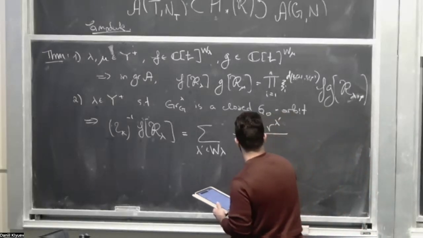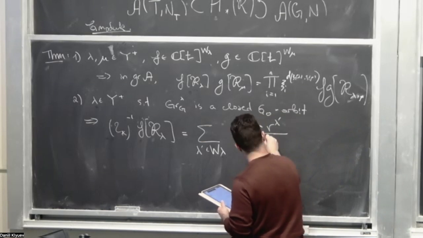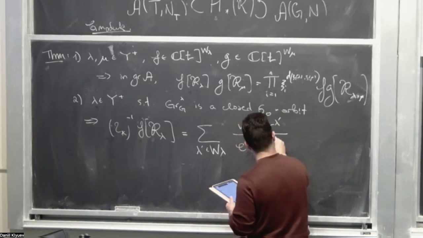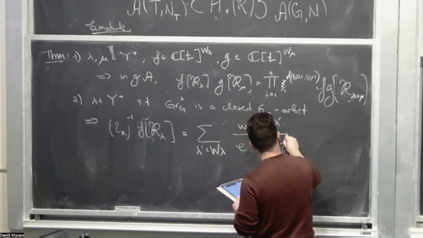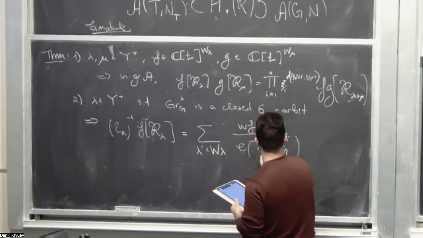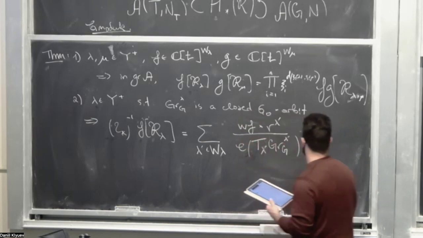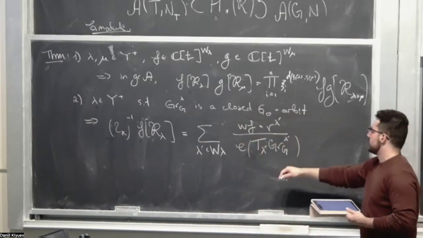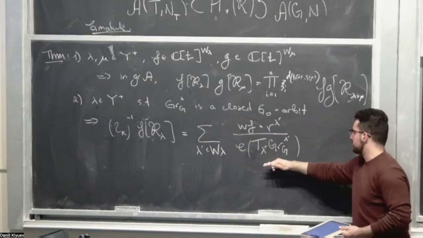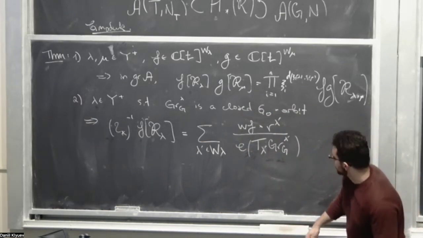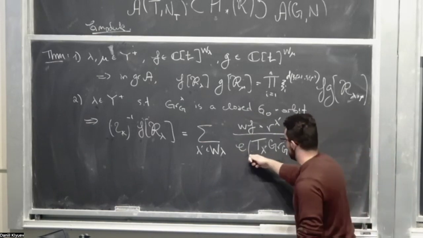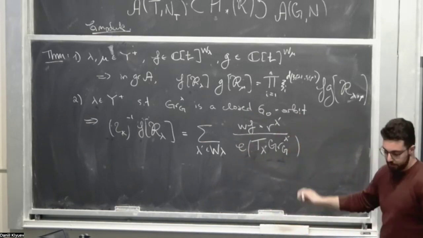And then you have to normalize by an Euler class, the Euler class of this tangent to the piece of the Grassmannian. So this comes from the local. If you study the equivariant localization theorem, you realize that there's going to be a formula that involves dividing by these Euler classes. So that's where that comes from.